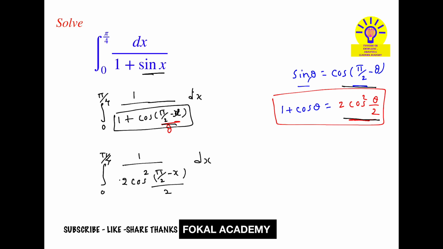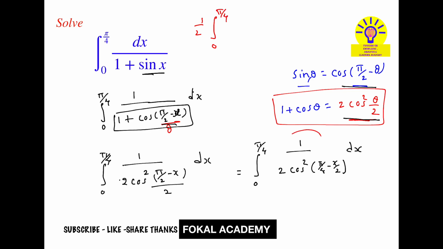It becomes the integral of 0 to pi by 4, 1 by 2 into cos square of pi by 4 minus x by 2 dx. Here 1 by 2 is there, keep this constant outside. Then it becomes 1 by 2 into the integral of 0 to pi by 4.